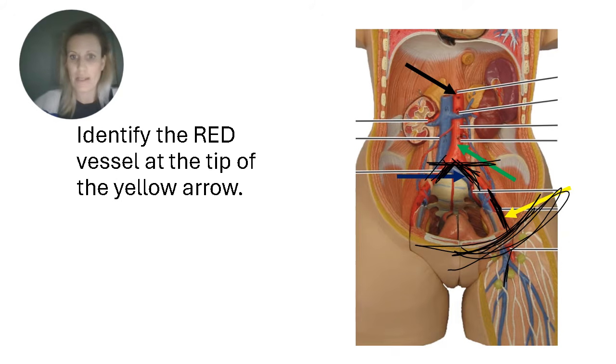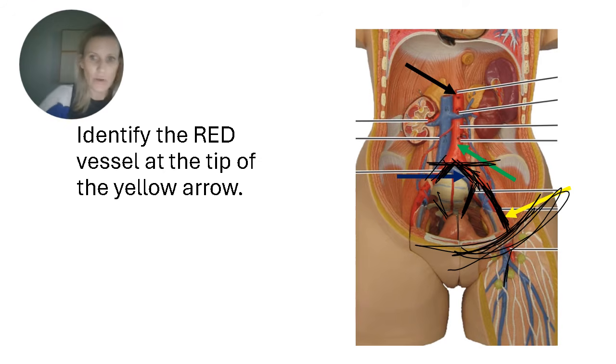Then those common iliac arteries branch and we have a vessel that goes deep within the pelvis and then one that goes out towards the leg, right? Deep within the pelvis is the internal iliac artery. This one that goes out towards the leg is the external iliac artery.